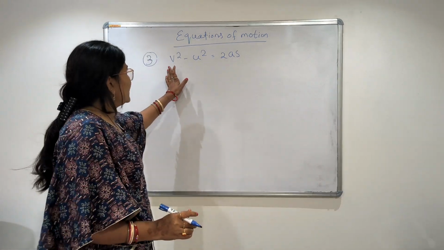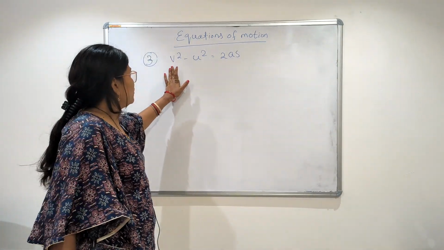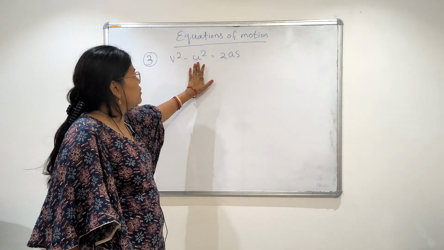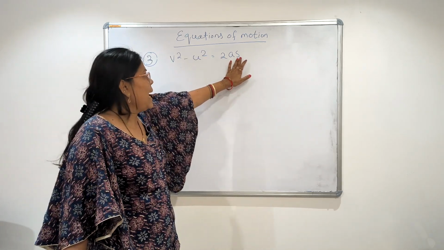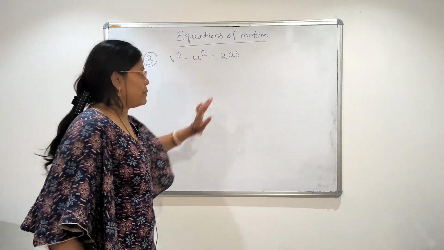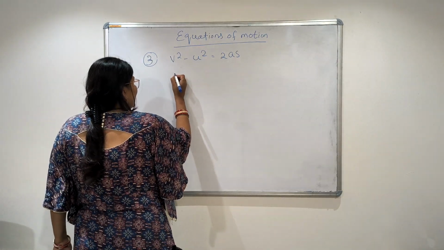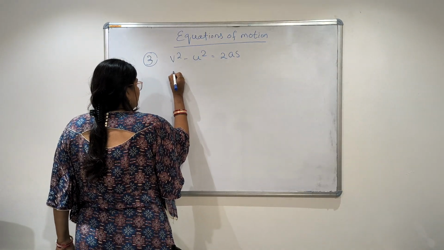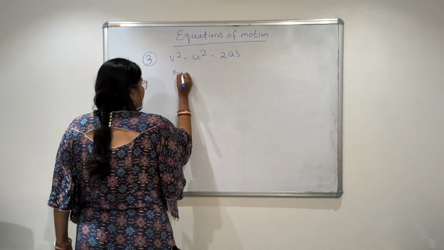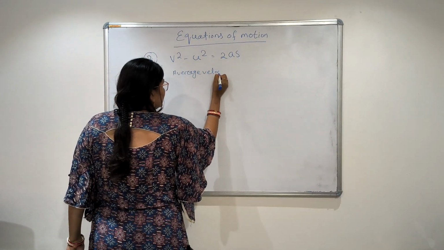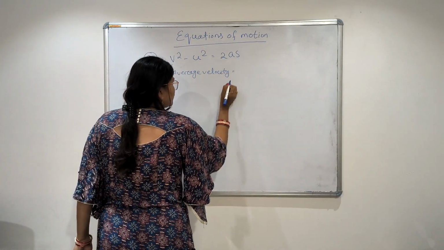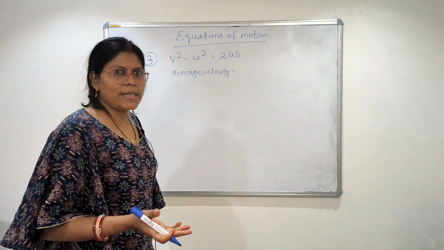You know, already I have told that v is equal to final velocity, u is equal to initial velocity, a is equal to uniform acceleration and s is equal to displacement. So we know that average velocity is equal to rate of change of displacement.